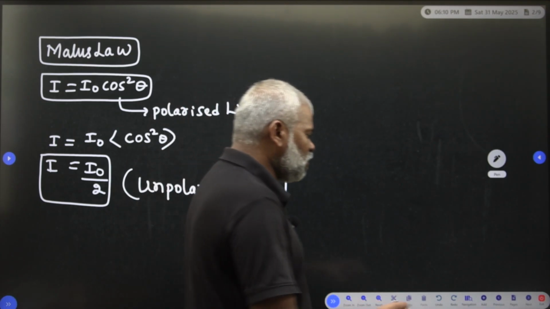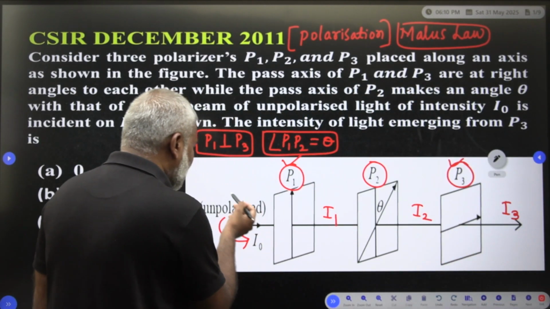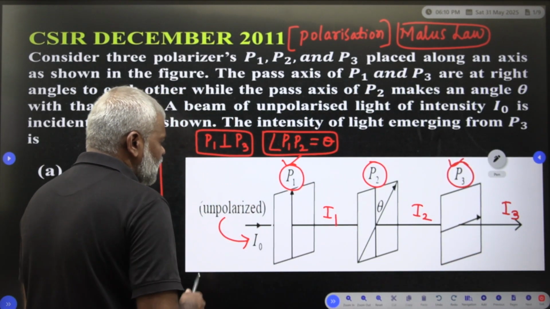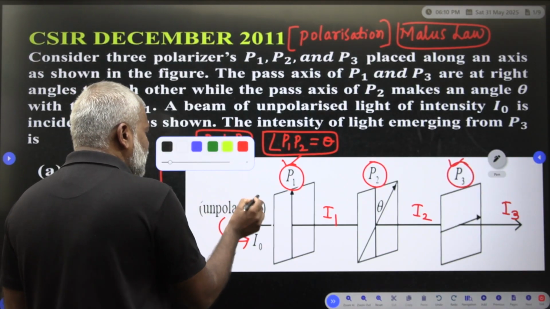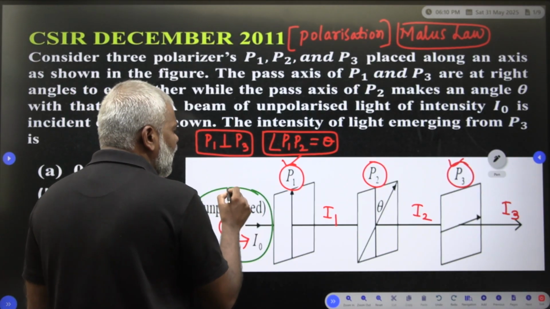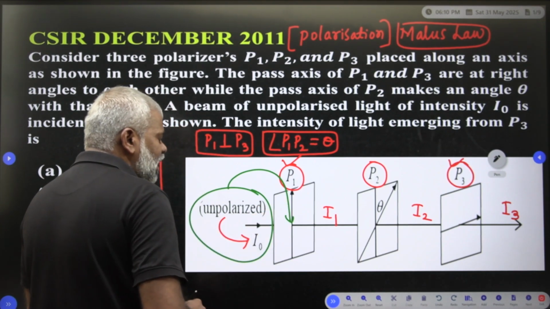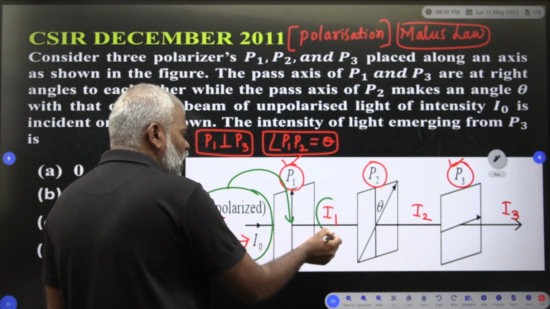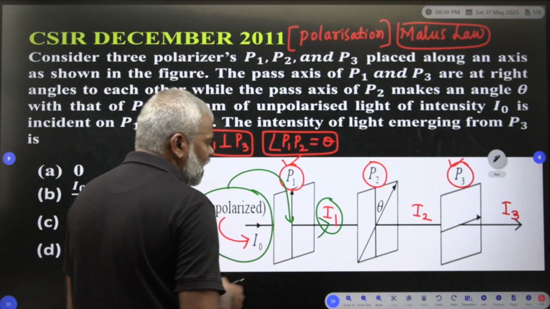Clear? Now our light is unpolarized light. This unpolarized light is incident through polarizer P1, and the emergent light is I1.